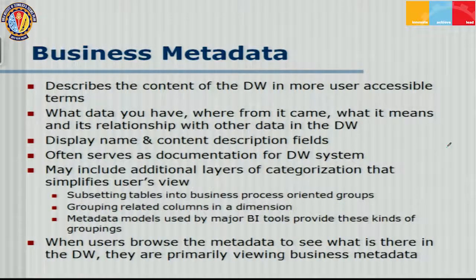Say, what is typically done is subsets of tables into business process oriented groups. So I put some tables related to one business process in one group, and so on, and grouping related columns in a dimension table. That is also done. And the metadata models in most BI tools provide these kinds of groupings.